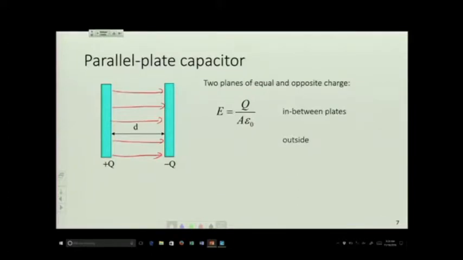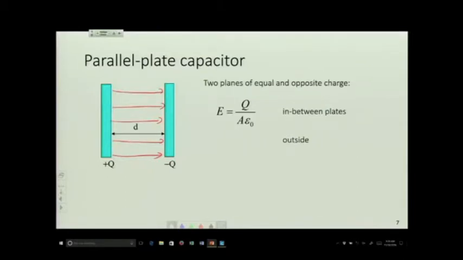And if you remember, we said that the electric field due to a plate doesn't change as you move away from it. So the electric field that's pointing towards the negative plate and away from the positive plate on this side has the same magnitude, so they exactly cancel.